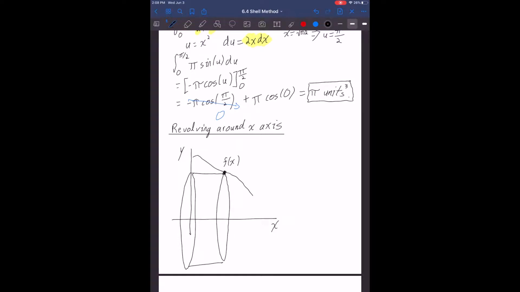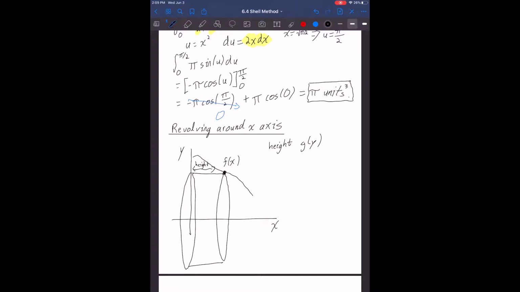So now we can see that our height is going to be given by our function. So the height is now the x value of our function. So in particular, this is going to be g of y, where now our function is in terms of y instead of in terms of x.